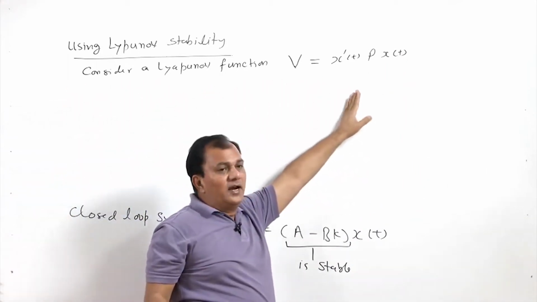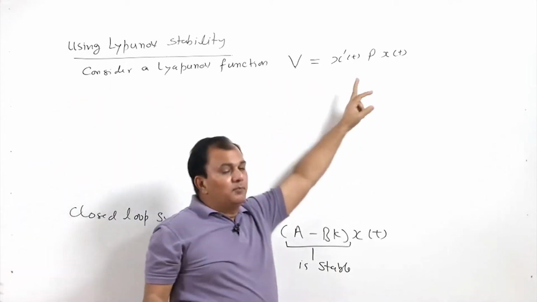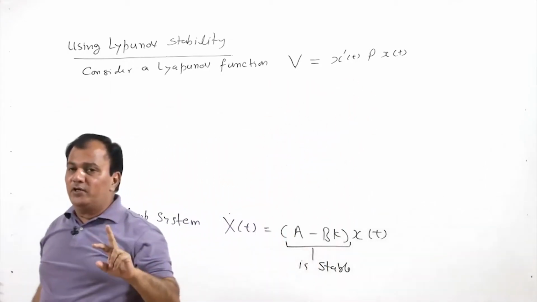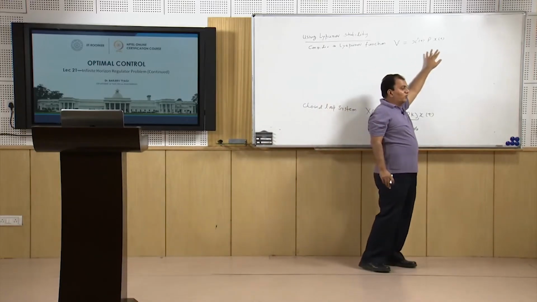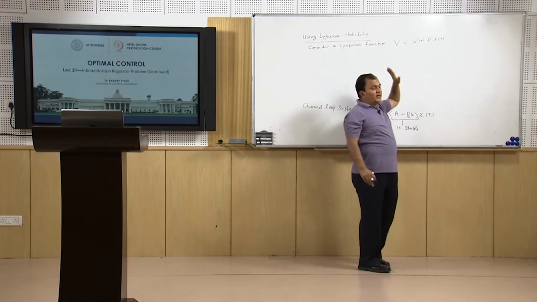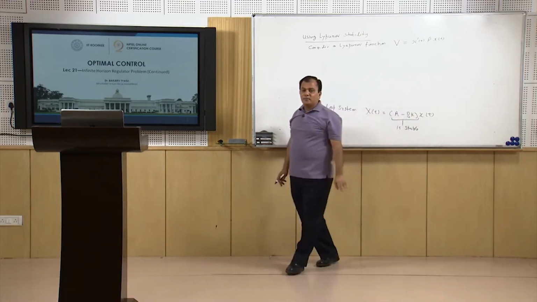Similarly, we are selecting a Lyapunov function. P is a symmetric positive definite matrix, and x prime x gives the squares.